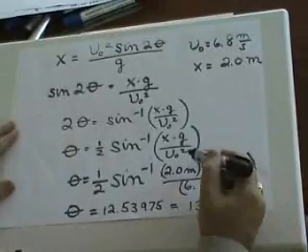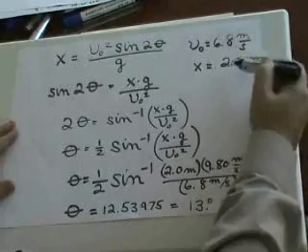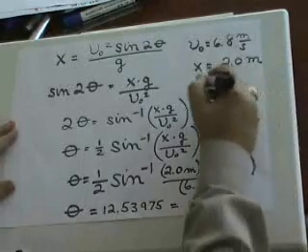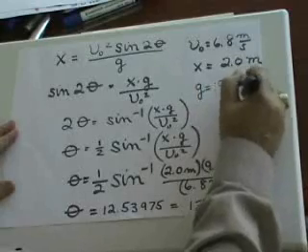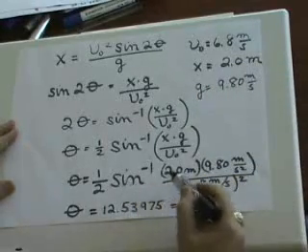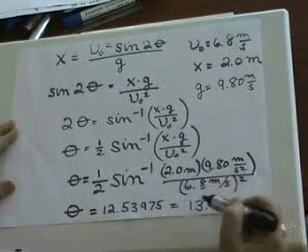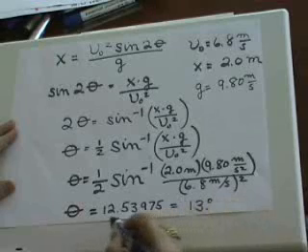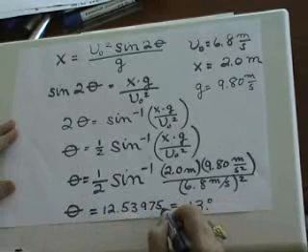Now, going back to our chart and just pulling off the numbers, we know that v0 is 6.8, x is 2.0, and g, of course, is 9.80 meters per second squared. Putting those into the equation and doing it on your calculator, 2.0 meters, 9.8, we get an angle that looks like theta is 12.53975.